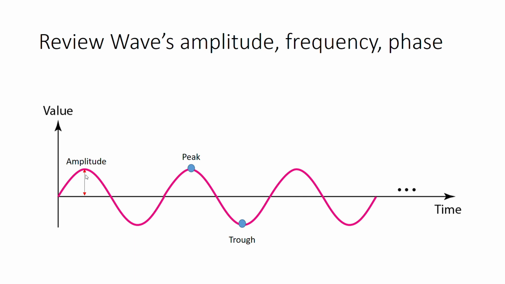So what is the frequency? Frequency is a fundamental concept in physics and engineering, particularly in the context of waves and oscillation. Frequency refers to the number of cycles or oscillations of a periodic signal that occur per unit of time.